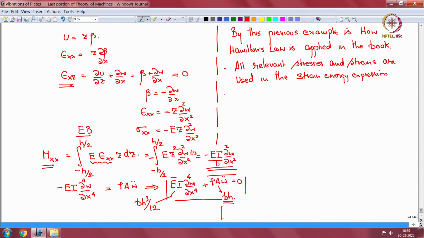Then in the process, the z or alpha 3 integral from minus h by 2 to h by 2 is done. That gives the force and moment resultants.